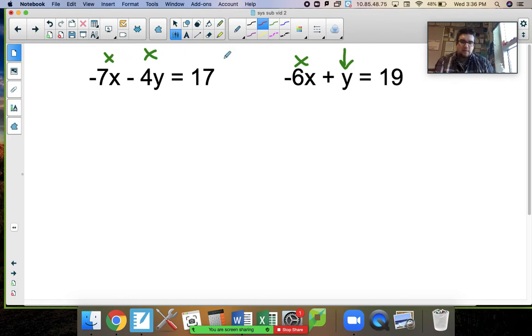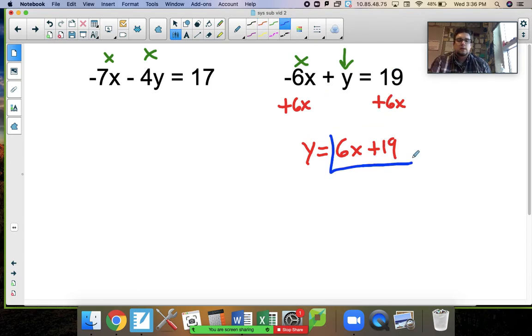Each one of the ones I have an x over, you would have to deal with fractions and decimals, and I don't know about you, but I don't want to do that. So to get this y by itself, I have to move the 6x. So I do that by addition. I like, again, to have the x go first, so positive 6x, positive 19. Plug in for y over here.